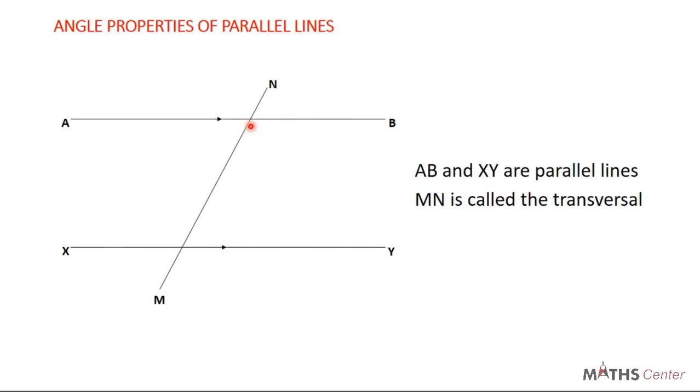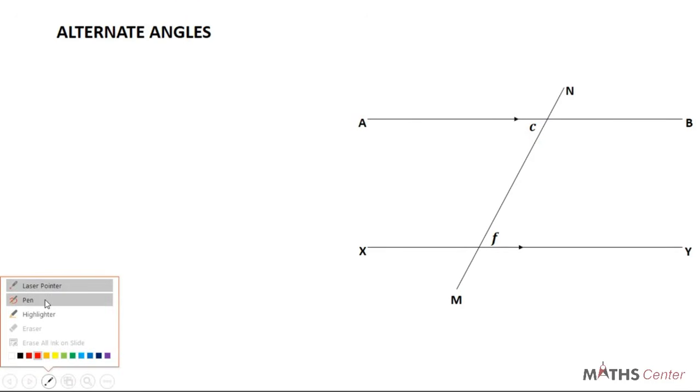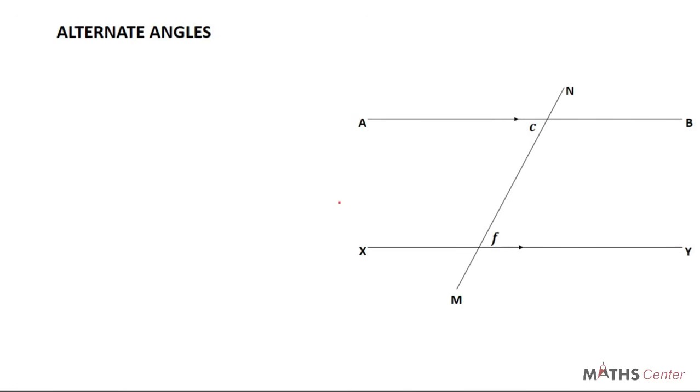The first type of angle you are going to form whenever you have this is what we call the alternate angles, or the alternating angles. Now where can we find them? You can see in this diagram that we can have an angle here which is C and an angle here which is F. Now look at the position of C and F very, very carefully.